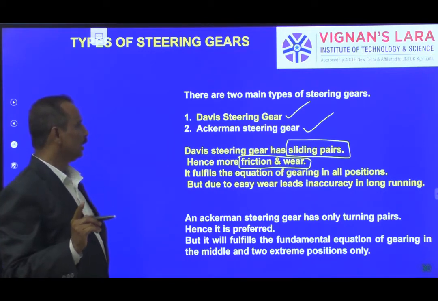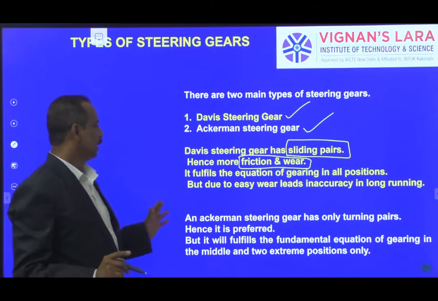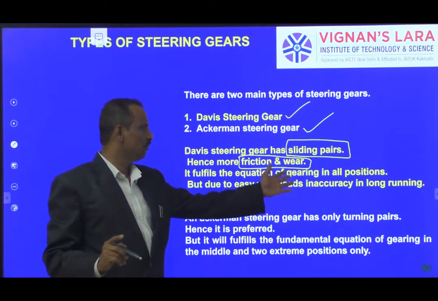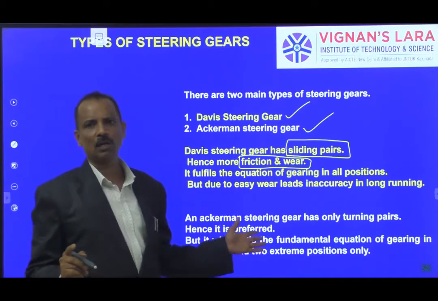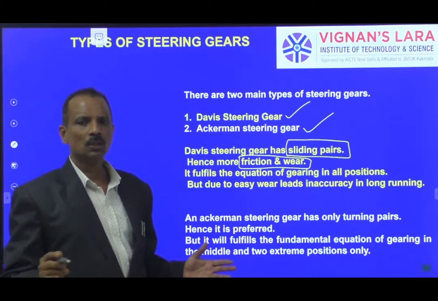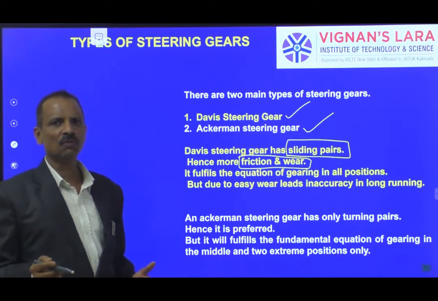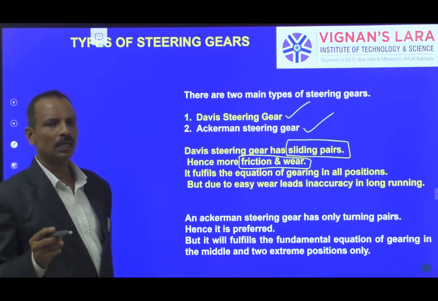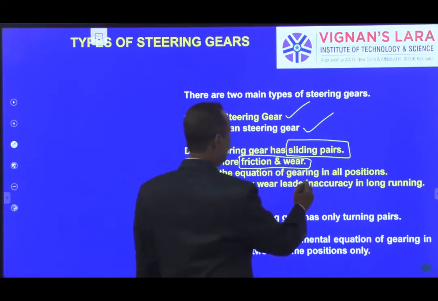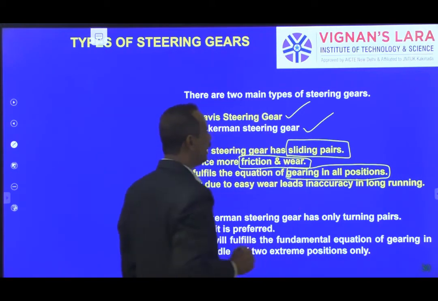But there is one advantage with the Davis steering gear: it fulfills the equation of gearing, that is cot phi minus cot theta is equal to W by L, in all positions. So irrespective of any angle which you turn, it satisfies cot phi minus cot theta equals W by L. That is the main advantage. But what is the limitation here?